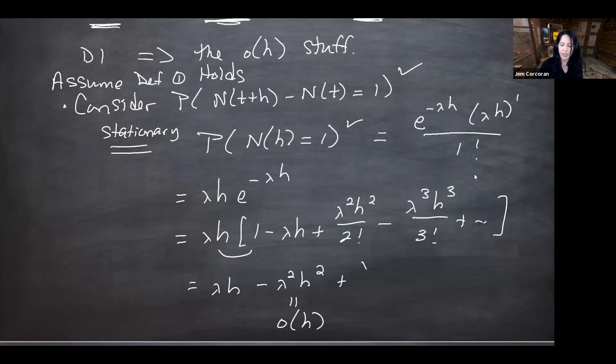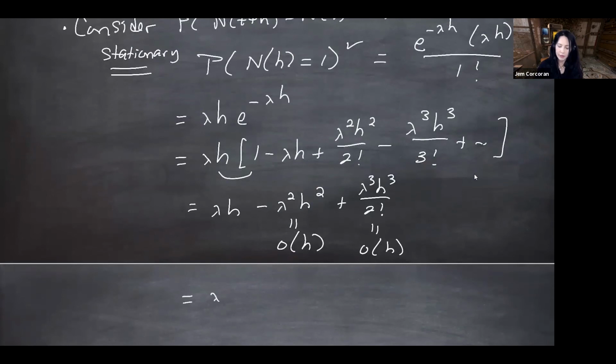The next term would be lambda cubed h cubed over 2 factorial, and that's little o of h. In other words, all of these things are higher powers of h than 1. So we get lambda h plus little o of h, and that's what we wanted. That's something that was specified in triple I of definition 3. So we're going from definition 1 to definition 3.